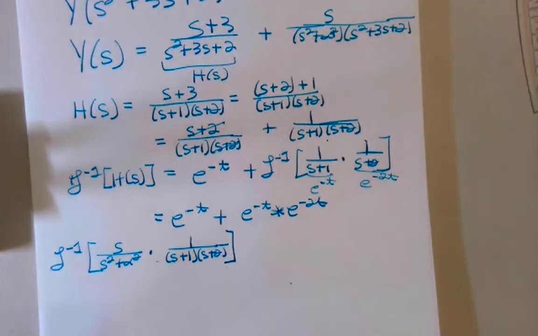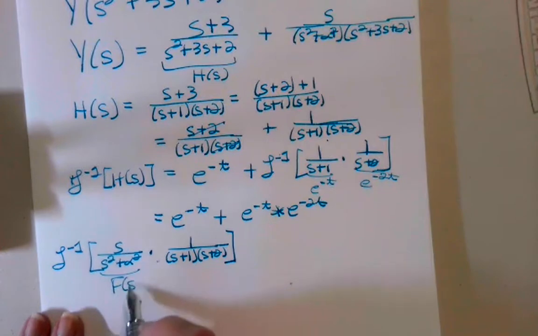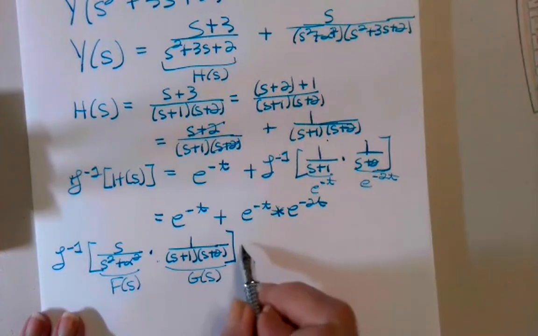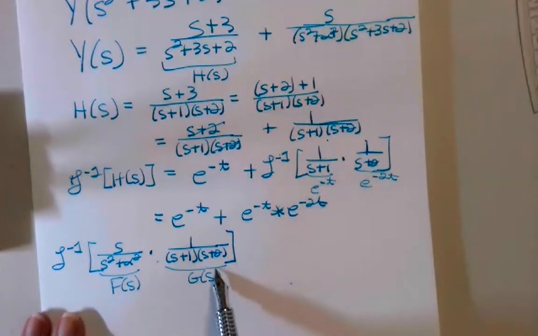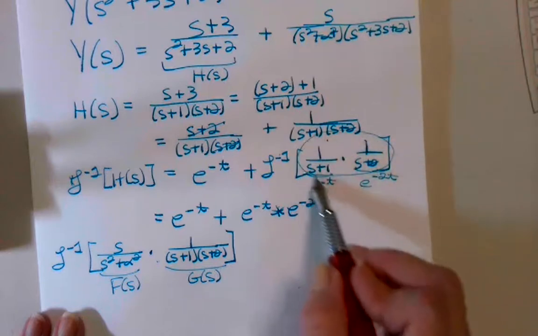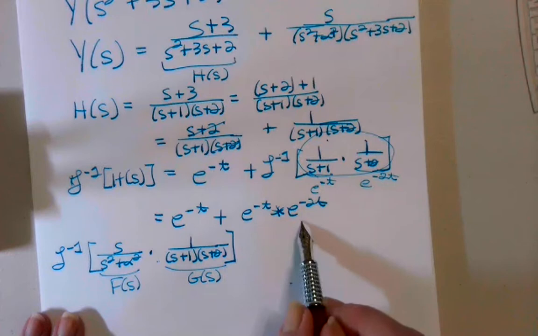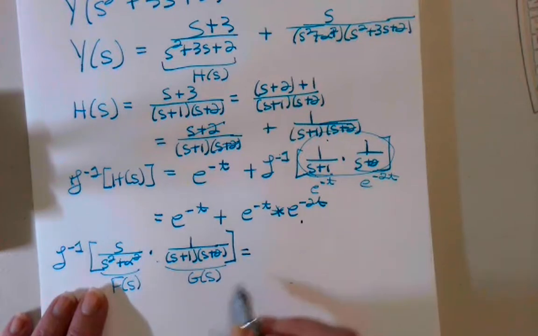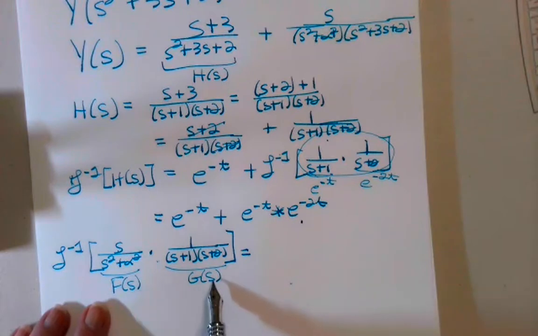Okay, all right, so I think of this one as f of s and this one as g of s. Now notice g of s is exactly what we inverted here, and we found that the inverse transform of that one is the convolution. So this one is going to be the inverse Laplace transform of a product.